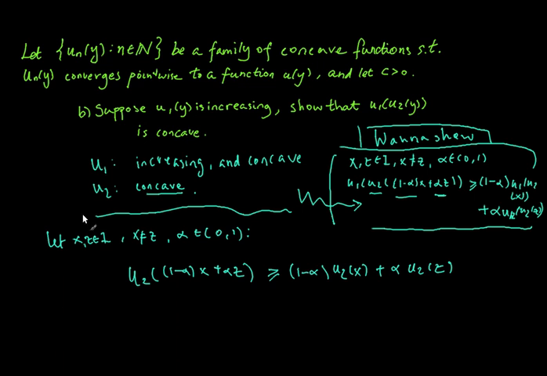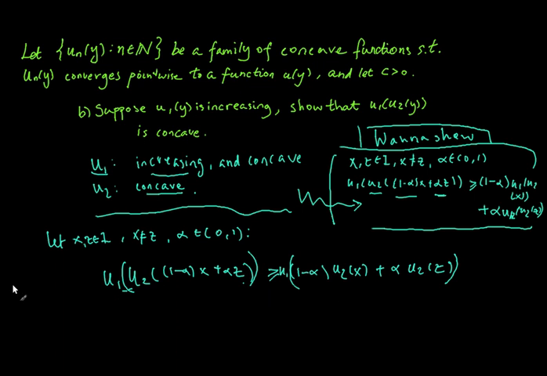So we now know as well that u1 is an increasing function, and something we can do with increasing functions is take an increasing transformation of both sides of an inequality and still keep the inequality without changing the direction of it. So that's what we do now. We evaluate u1 in this point relative to this point.